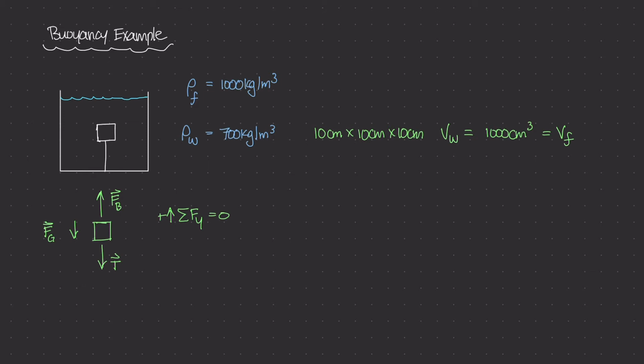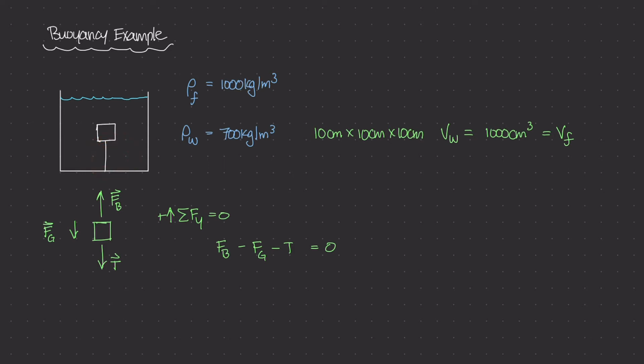So we have a buoyant force going up, and then we have the weight of the block, which is F sub G, going down, and then we also have the tension going down. So this is equal to 0. Now, I'm going to solve this equation for T because the question is asking, what is the tension in this string?